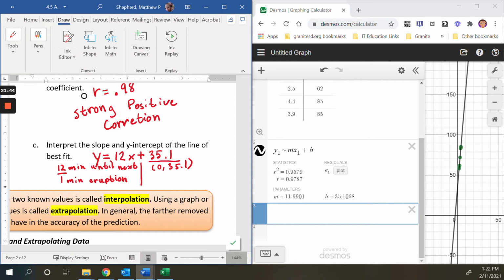But we're going to say with an eruption of 0 minutes, it will be 35 minutes till next. 35.1 minutes till the next eruption. And then we add on another 12 minutes for every 1 more minute that Old Faithful was erupting.